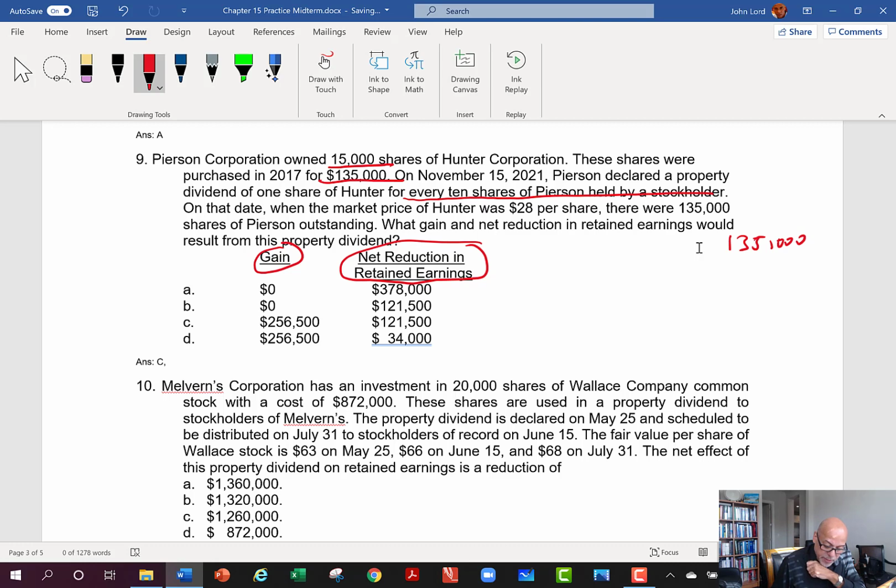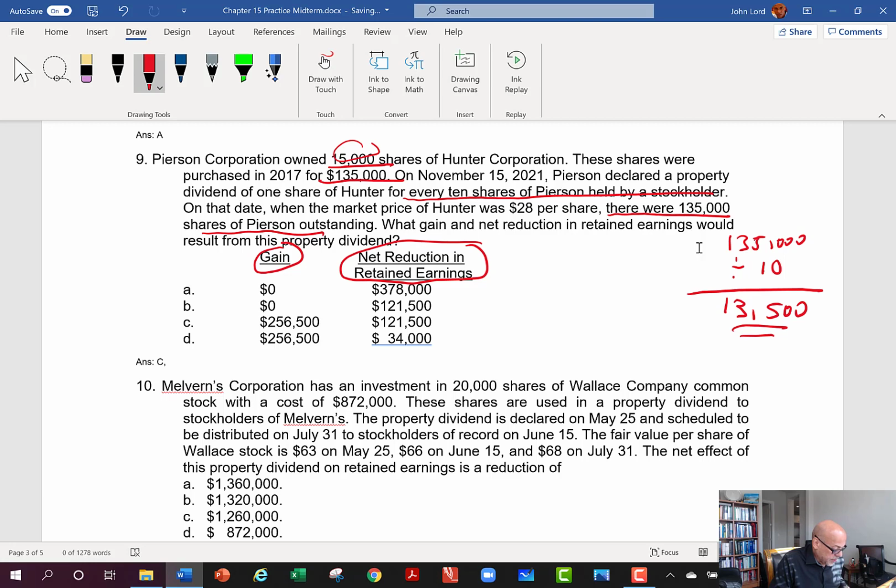Again, you only distribute a dividend on outstanding shares. So we take the 135,000 divided by the 10. You have to have 10 shares. So they're really going to distribute 13,500, not all 15,000, but 13,500 of this Hunter Corporation stock.